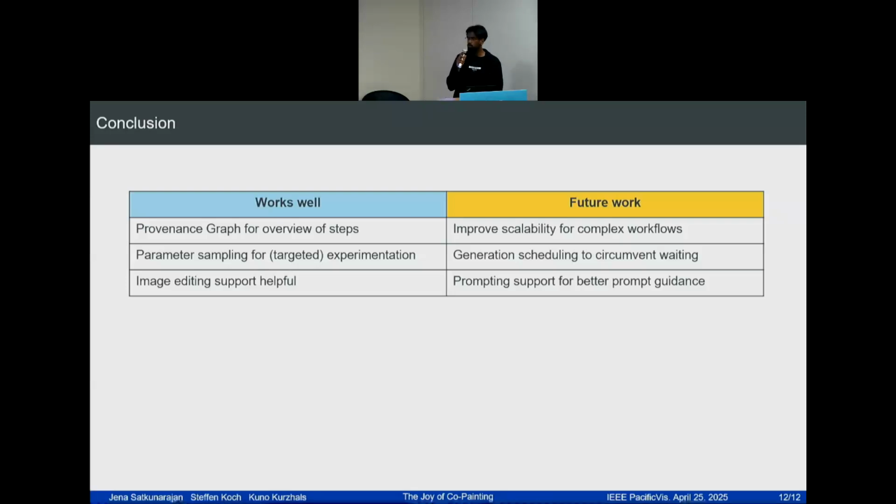As you might imagine, if you take really large parameter ranges, the number of images you generate can blow up a little bit. That takes time. And lastly, as I said, we are less prompt-centric in our approach. We do support basic prompting, but of course you could always implement maybe a state-of-the-art prompt improvement method and see how that further influences the workflows.